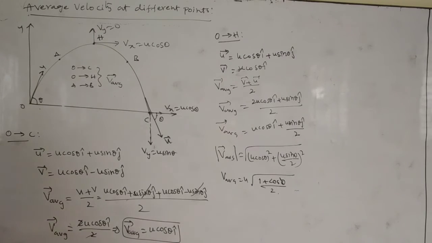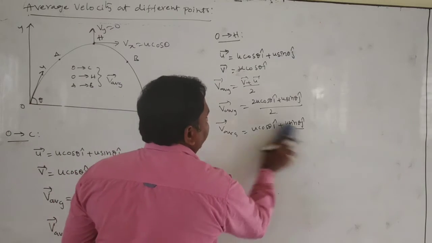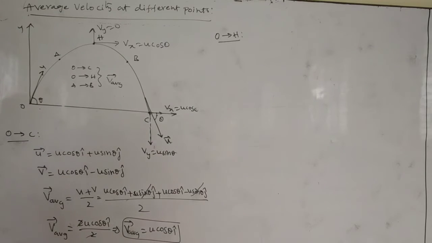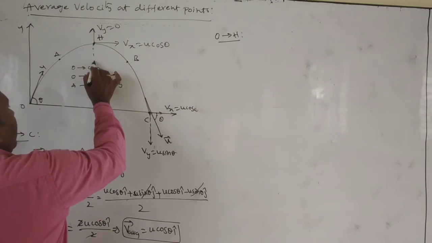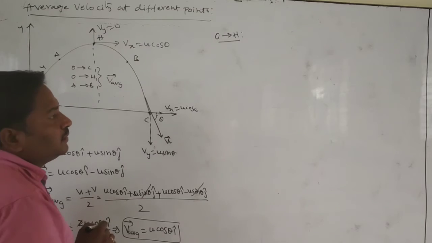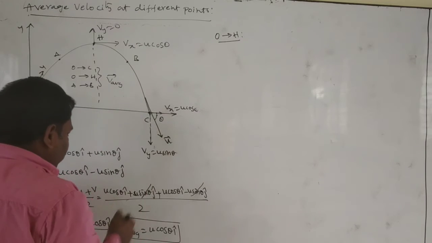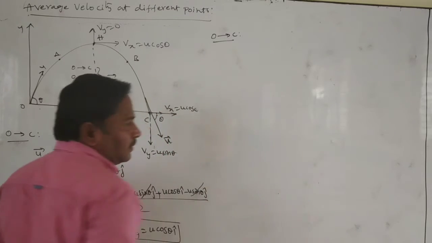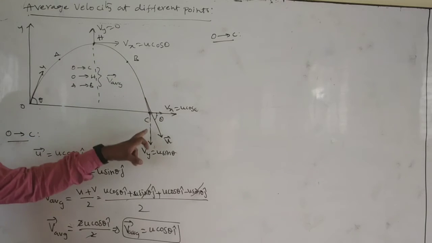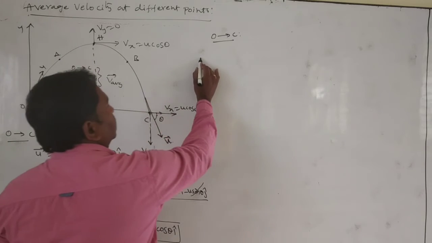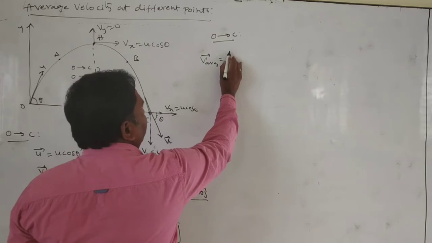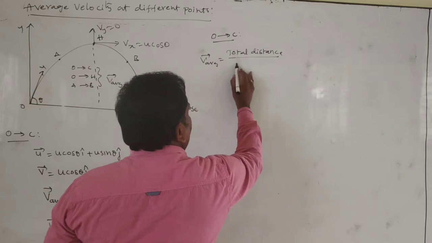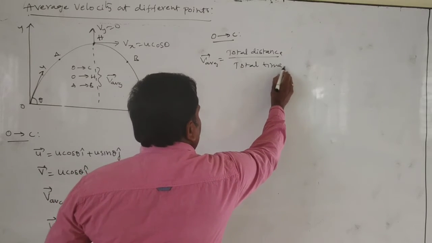So this is one method. Another method also we can use. This is the maximum height, so half of the maximum height. This can be O to C. What is the total distance, the range? Average velocity equals total distance by total time.